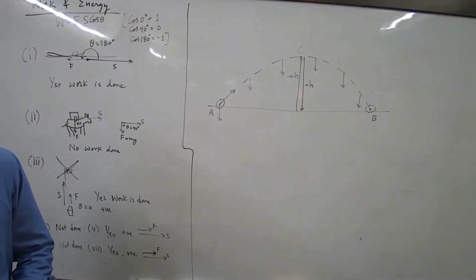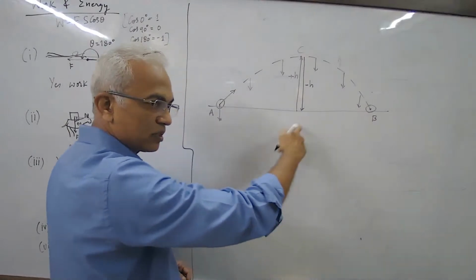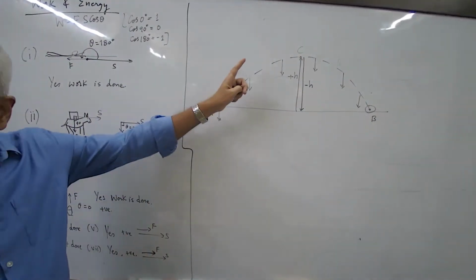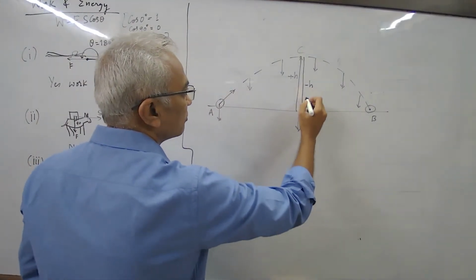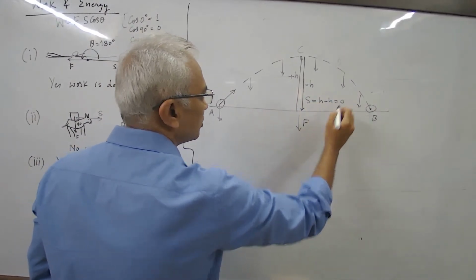So net displacement in this motion is 0 in the vertical direction. Gravity is acting in vertical direction. So force is this, whereas displacement is H minus H equal to 0.